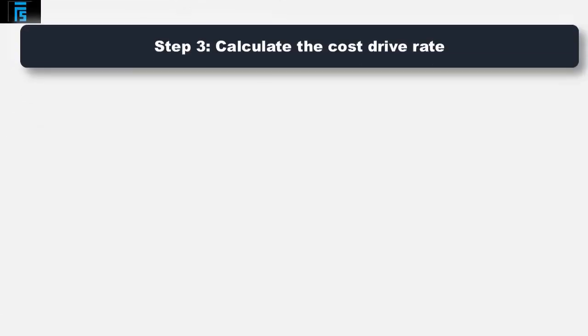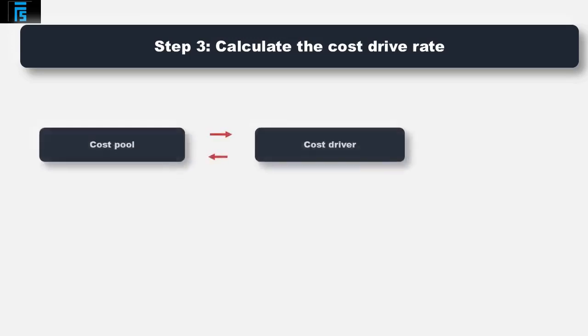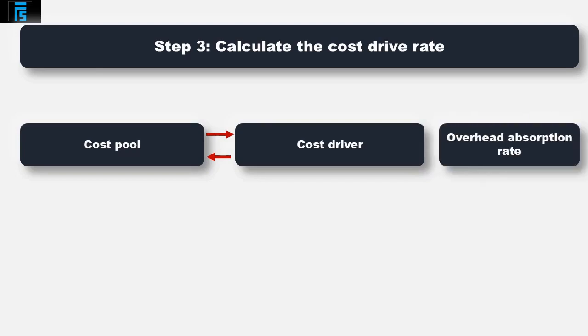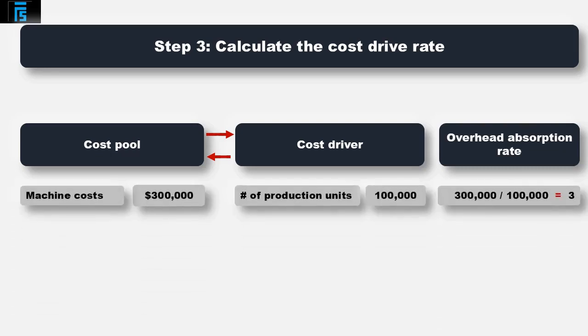Step 3 requires us to calculate the overhead absorption rate for each cost driver. Now that we have linked the cost drivers to the cost pools, we can calculate the cost driver rate or overhead absorption rate. This is calculated as the overhead per cost pool divided by the cost driver incidence. So the machine overheads are 300,000.